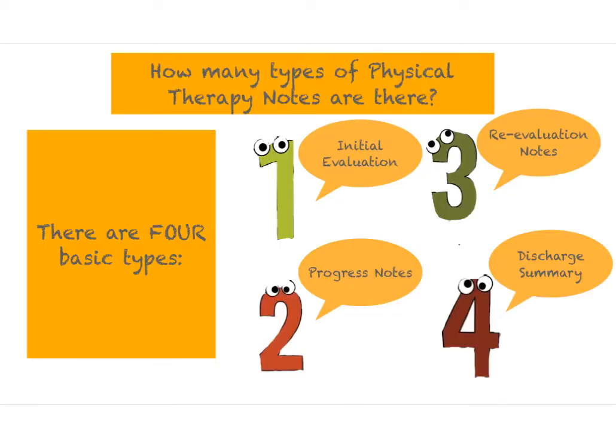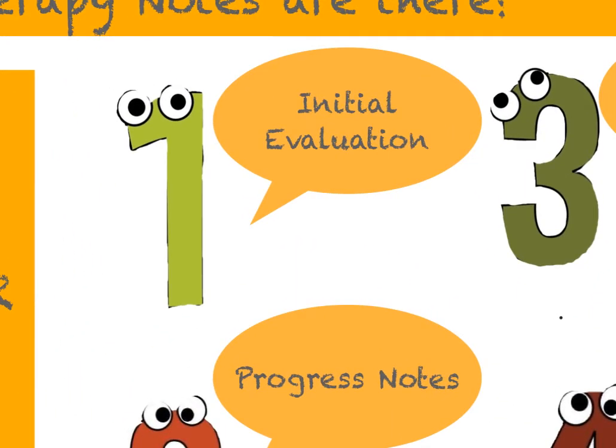So now that you know the two common ways of documenting physical therapy findings, we now go to the types of physical therapy notes. Okay, so we have four basic types. The first type is the initial evaluation.